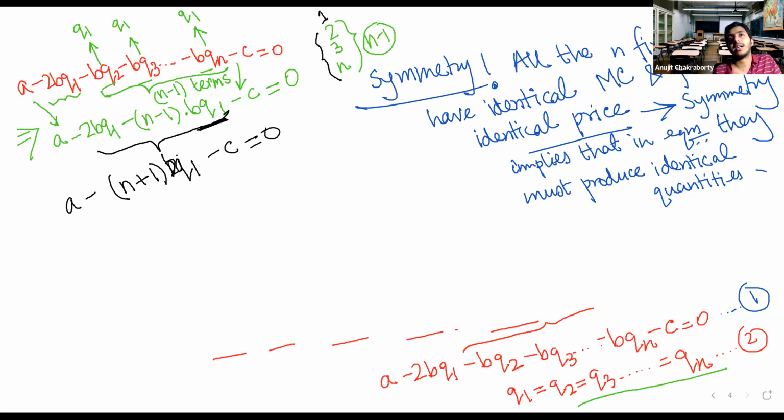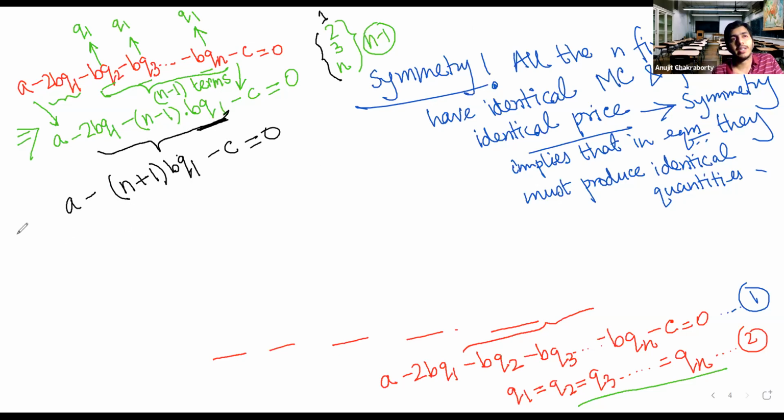That looks a bit untidy, so let me just clean it up. All we have done is add these two terms up, twice bq1 and n minus 1 bq1. If you add them up, you get this term right here.